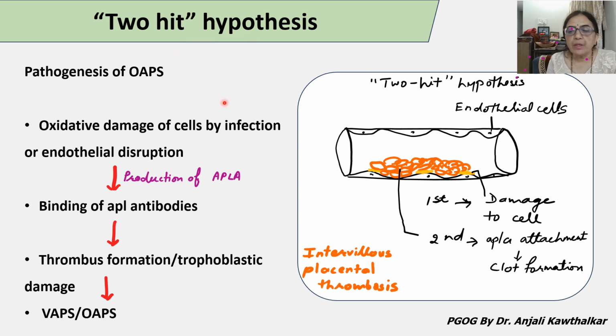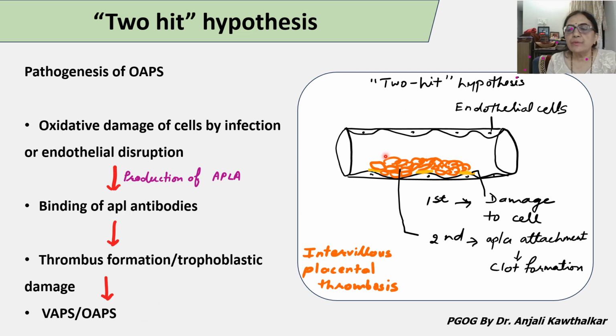There is endothelial oxidative stress or endothelial disruption, which triggers the production of antiphospholipid antibodies, which bind with the phospholipids or with the plasma proteins associated with the phospholipids. That leads to either thrombus formation or trophoblastic damage, leading to either vascular APS or obstetric antiphospholipid syndrome.